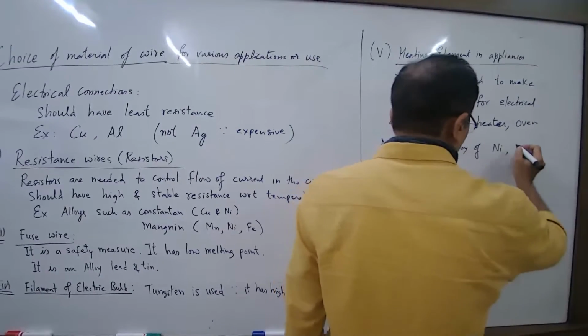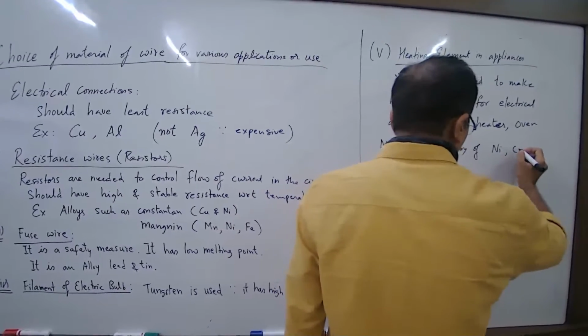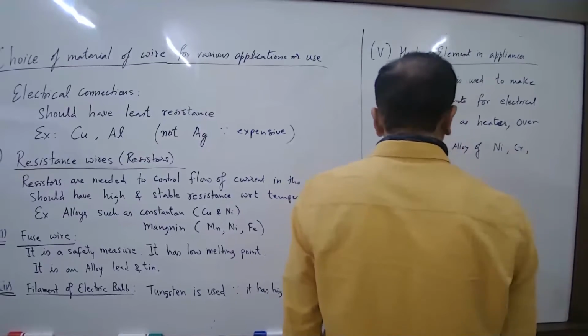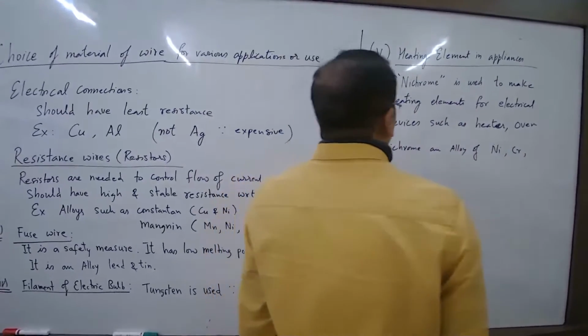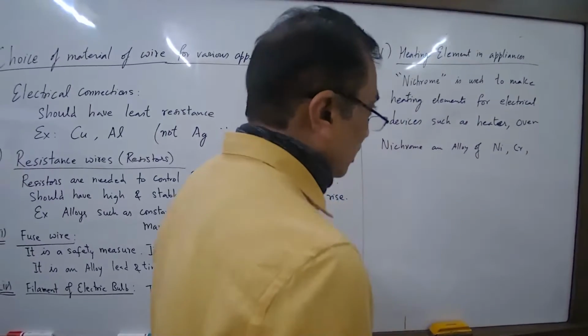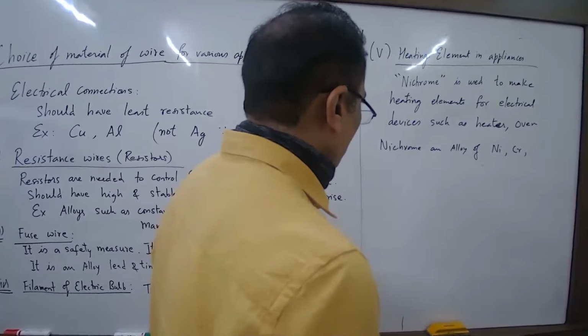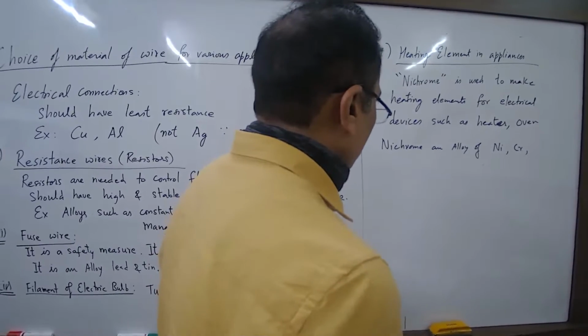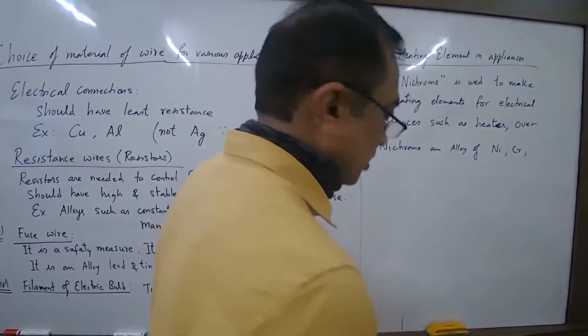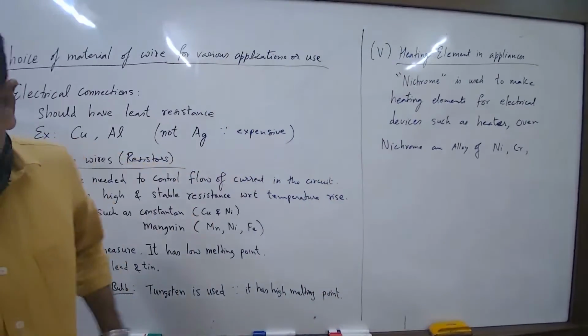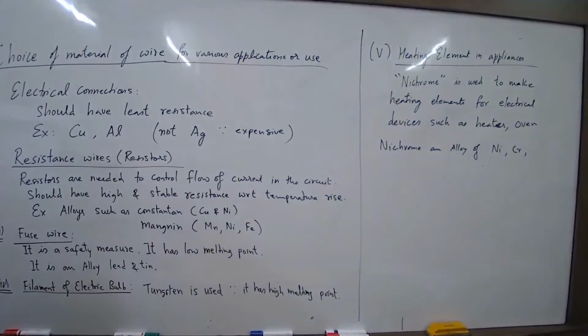Chromium, what is it? Cr. Nickel, chromium and iron, or copper. Just check what is nichrome.